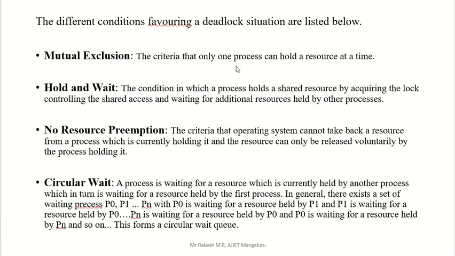No resource preemption is a criterion that the operating system cannot take back a resource from a process currently holding it, and the resource can only be released voluntarily by the process holding it. Now consider two processes and one resource.